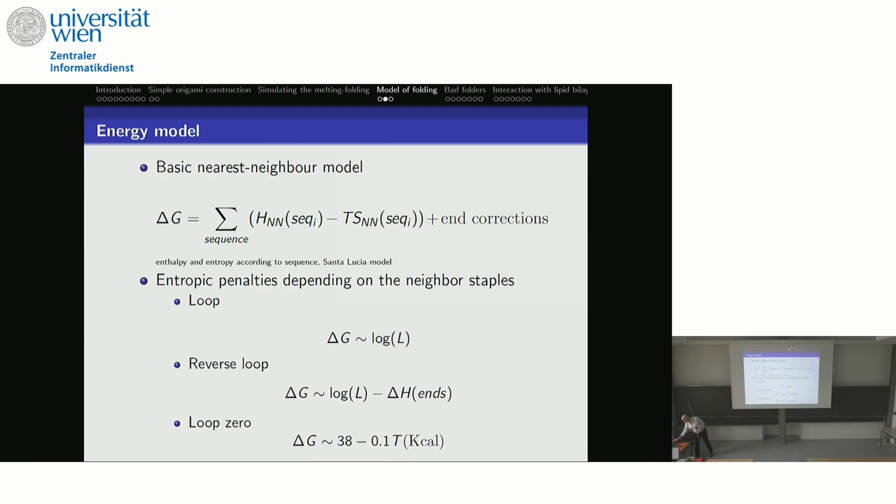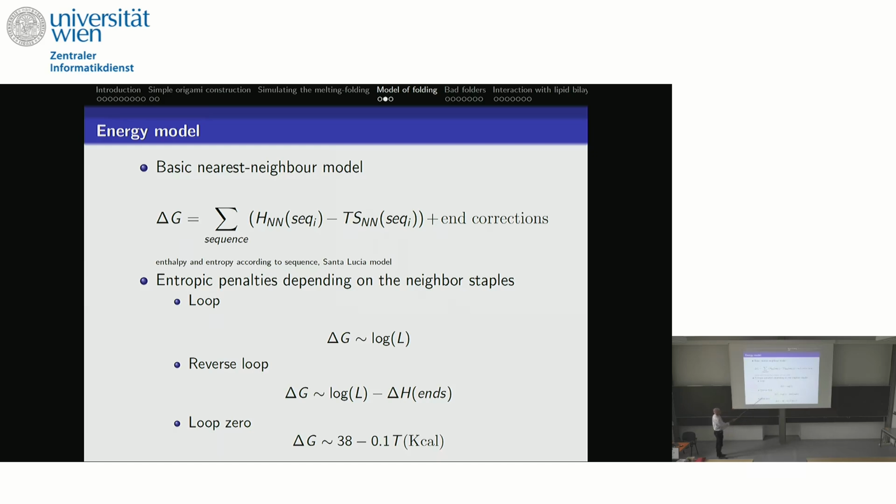And as I said, what we did is start from what is known. So this Santa Lucia model, the nearest neighbor model, which is very simple in terms of enthalpy and entropy. And we added this entropy penalty term, which is also known in this model.